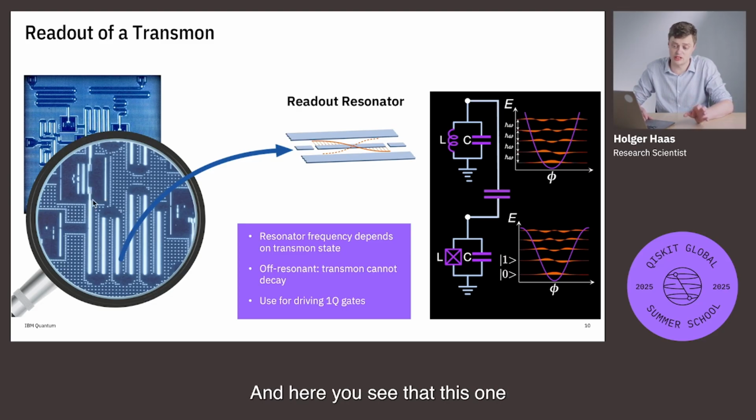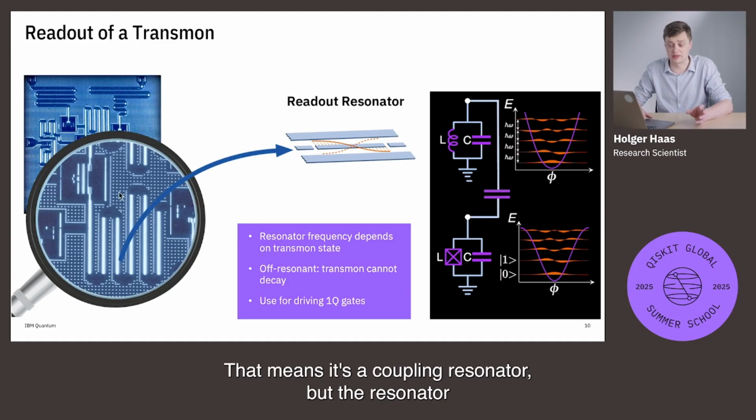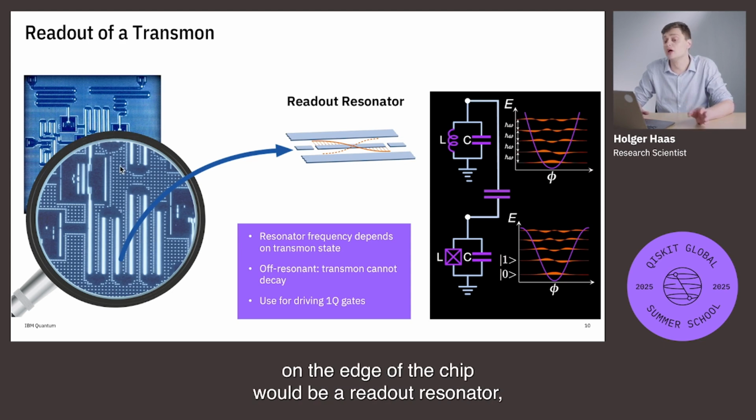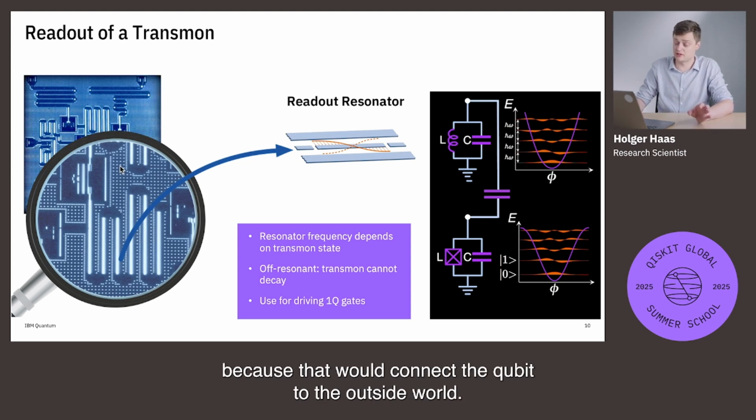And here you see that this one is connecting one qubit to another. That means it's a coupling resonator, but a resonator that connects a qubit to one of these triangular shapes on the edge of the chip would be a readout resonator, because that would connect the qubit to the outside world.